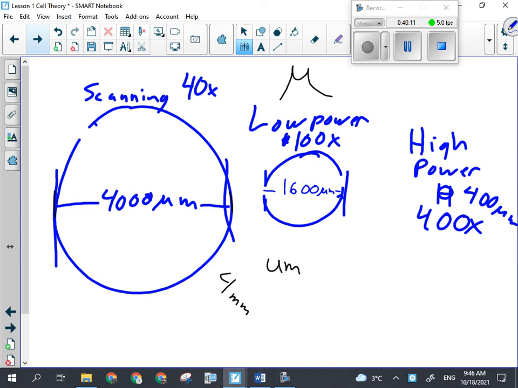And then on high power, my field of view shrinks to 400 micrometers because my magnification increases to 400 times. So what I'm looking at is in a very, very small area now, but it's 400 times larger than it appears to the naked eye.